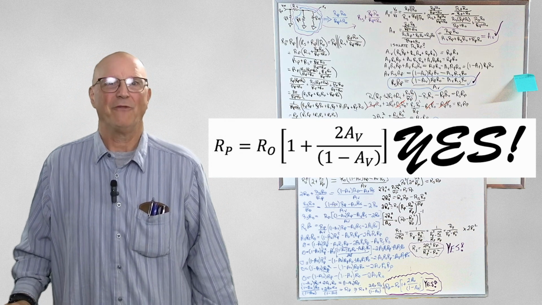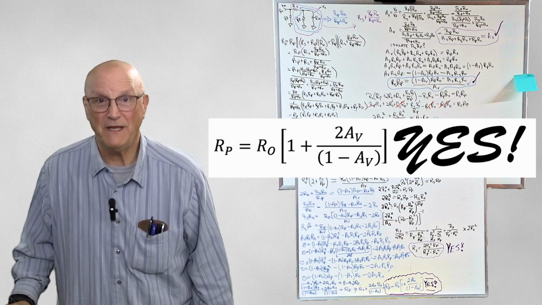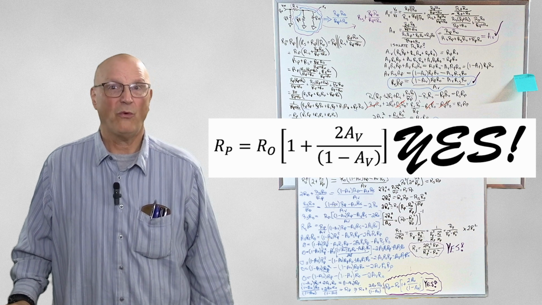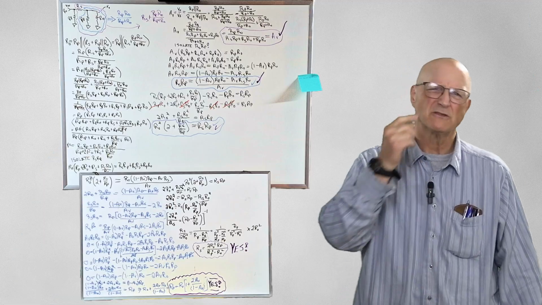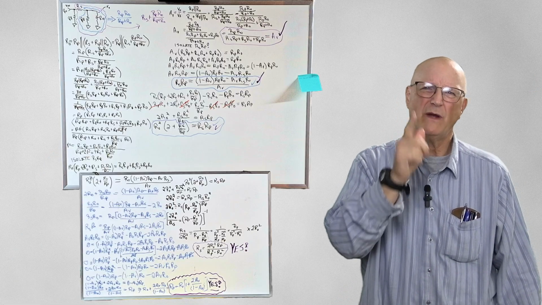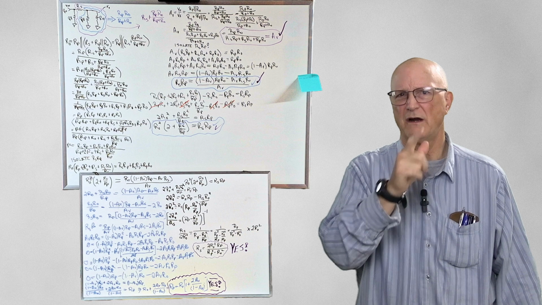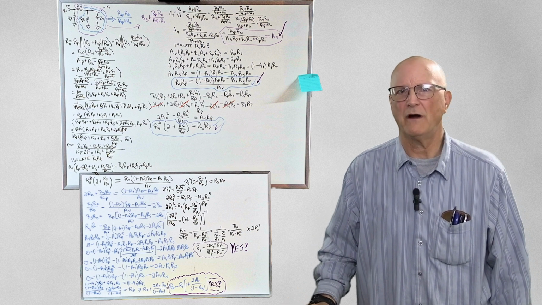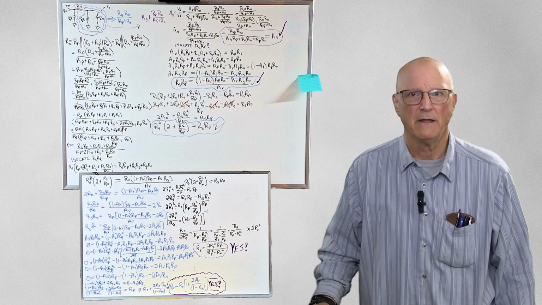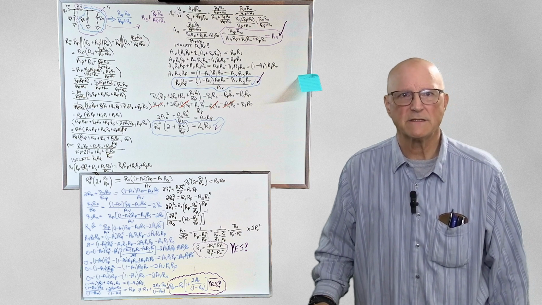Wow! Now that we have an equation for Rp, we need to create an equation for the series resistor Rs. So how are we going to get an equation for the series resistor Rs? Well, I'm going to take one of the equations for Rs times Rp and solve it for Rs.